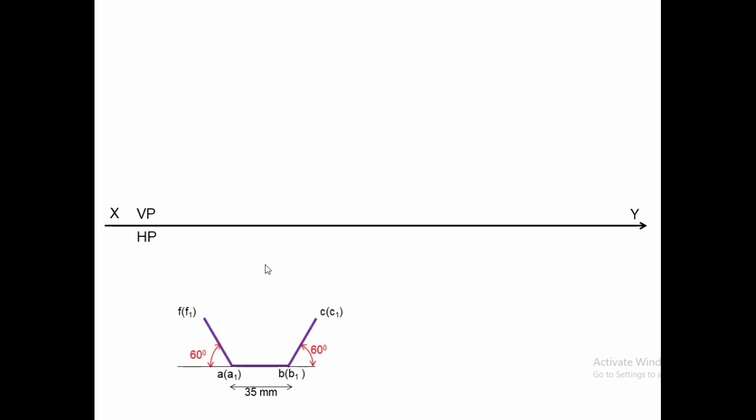Draw the other two sides of a hexagon with angle of inclination 60 degree exterior and 120 degree interior. Complete the remaining part of the hexagon. This is the final view, the top view, the initial position of a regular hexagon.